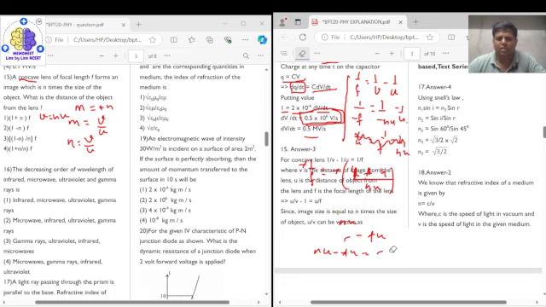See, what they have done here is we have the formula 1 over f is equal to 1 over v minus 1 over u. In the numerator we are multiplying with u, so we will get u upon f is equal to u upon v minus 1, right? Then this quantity is nothing but the reciprocal of magnification.